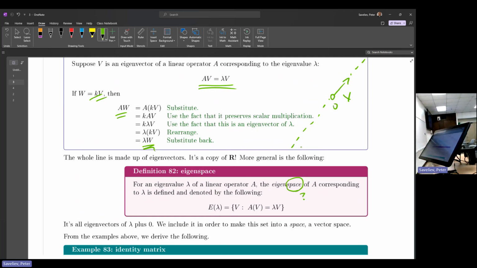Eigen, we know, is just German. Why do we call it space? What space is it? In what sense is it a space?